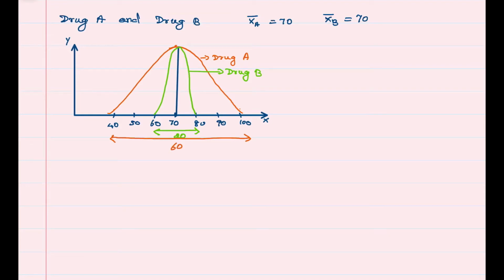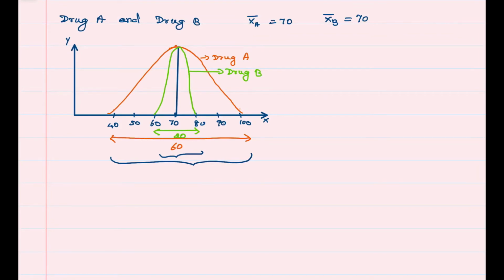So the satisfactory level for drug A is more dispersed, whereas for drug B the measure of variation is lesser. That means for drug B, the people have a satisfactory level between 60 and 80, whereas for drug A, the satisfactory level is between 40 and 100. Even though their means are the same, the measure of dispersion is different.